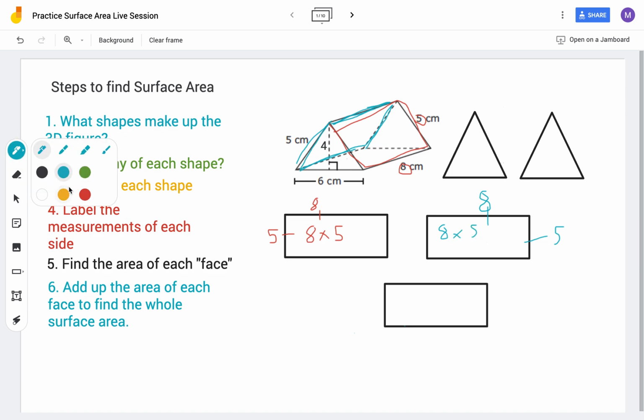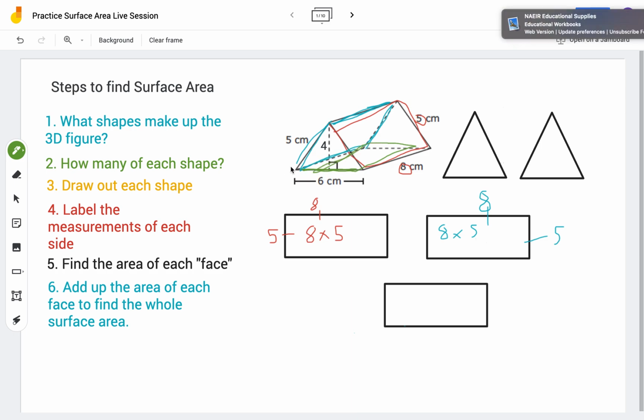Then let's look at our last rectangle, and I'm going to use green. The last rectangle I'm looking at is the one that goes down here, and it goes this long way across and this way. So you have to look at each shape individually. This one is 6 by 8, so it is a little bit different.